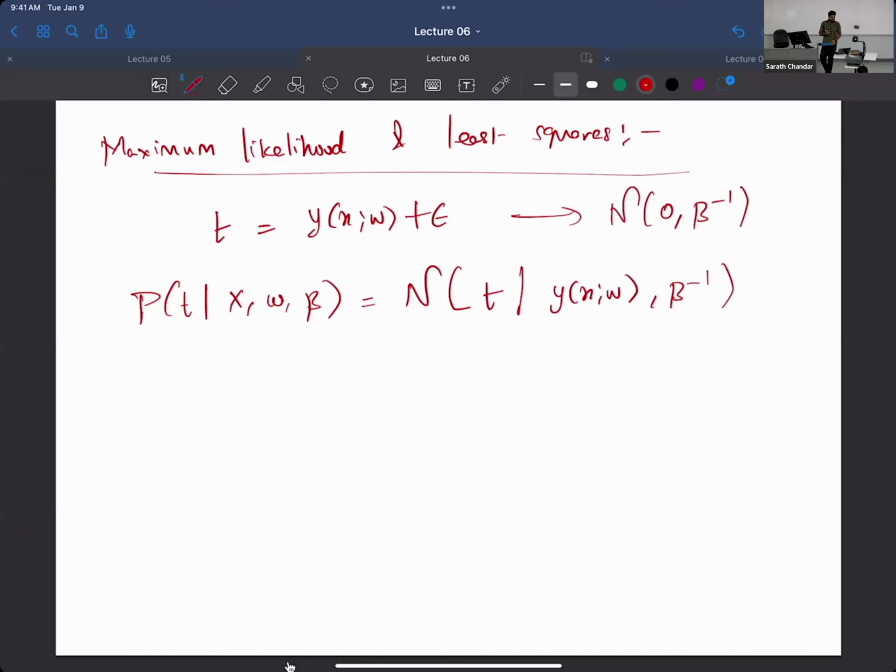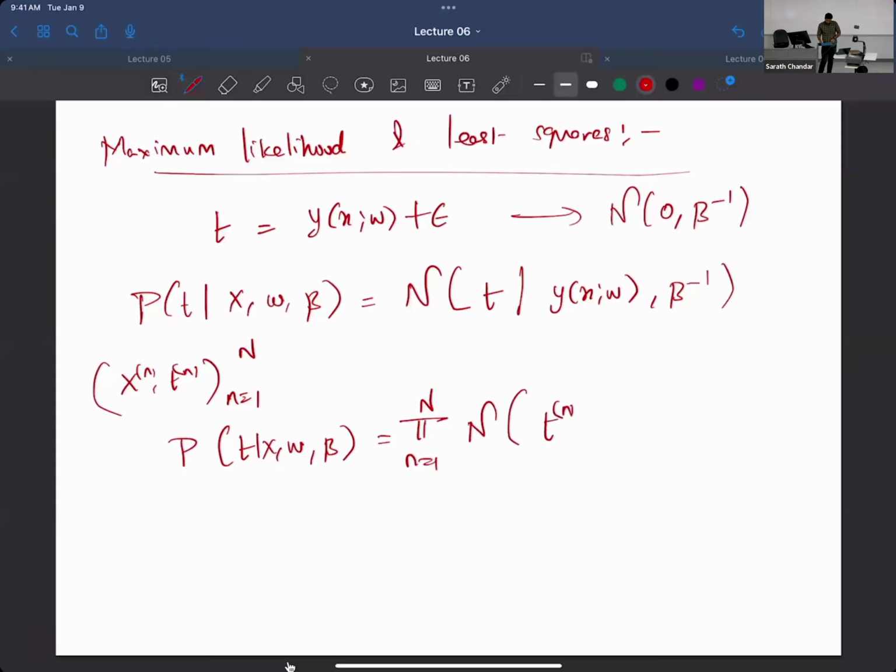Is that clear? So which means now I can also compute the conditional log likelihood of these predictions for the regression problem. Given some data set of xn, tn, where n is equal to 1 to capital N, I can write P of t given x, w, beta as the product over n equal to 1 to capital N of a Gaussian with mean w transpose xn and variance beta inverse.